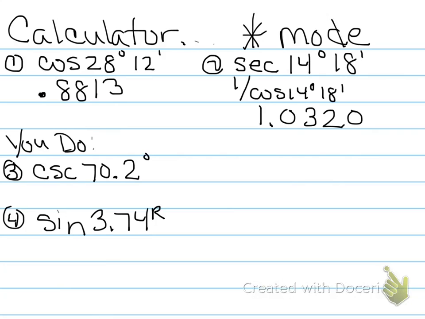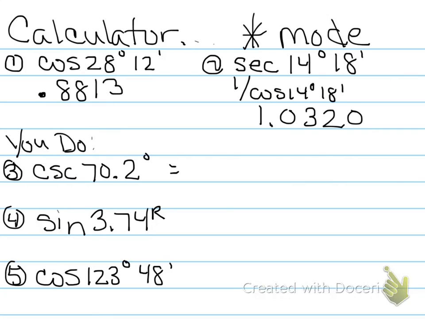Don't forget to check your mode. And last one for you to do is number 5, the cosine of 123 degrees and 48 minutes. Again, go ahead, pause this video, try these 3 problems on the calculator, come back, and let's check your answers.